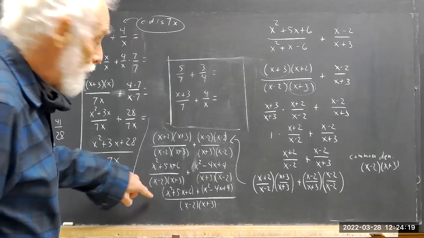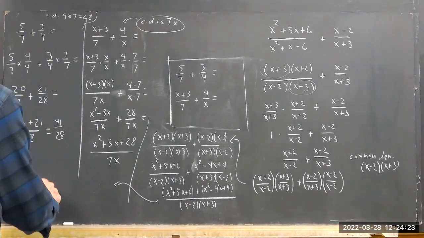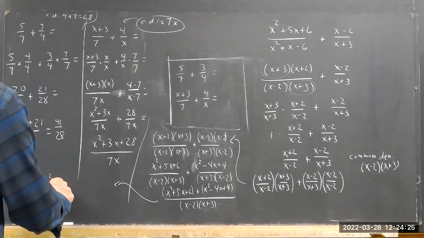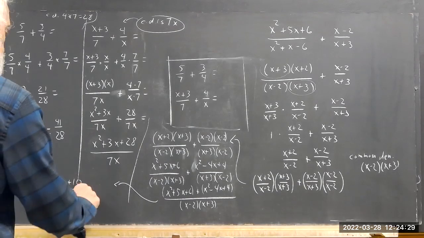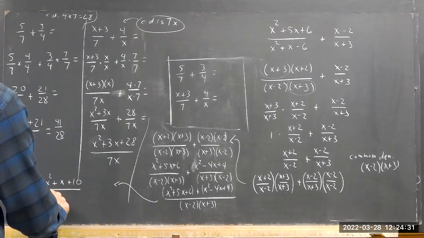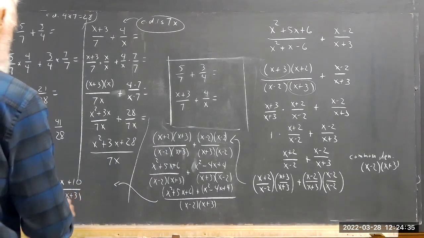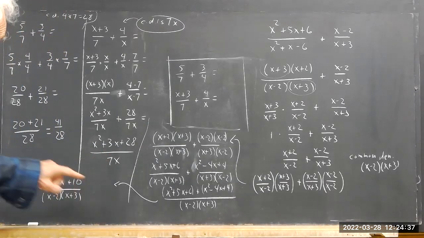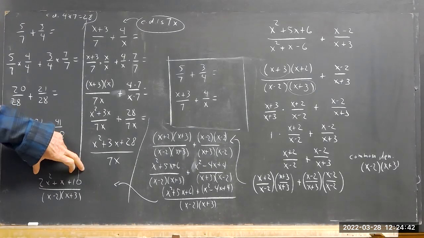Okay, I add these. And this gives me (2x² + x + 10) over (x - 2)(x + 3). You want to do this because then you factor this, if possible, which probably isn't.